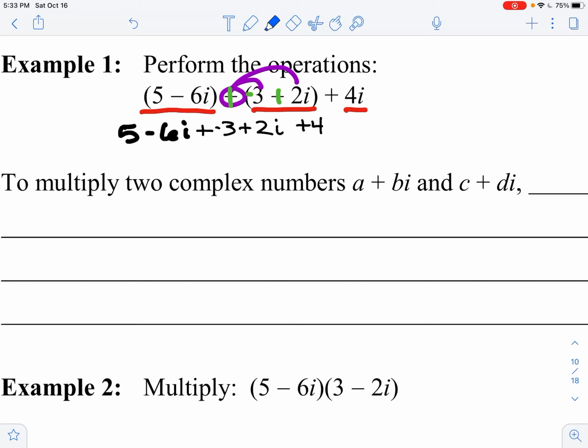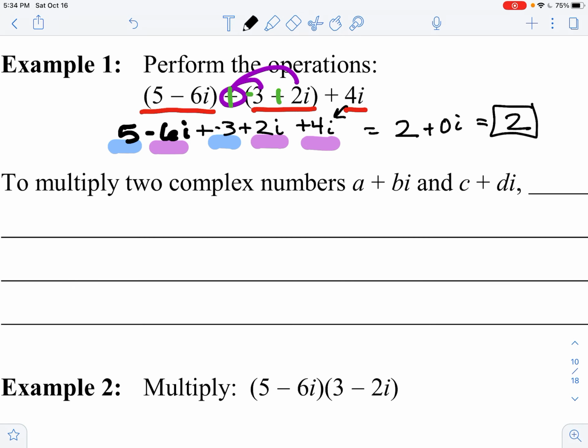And now we're going to combine our like terms. So we've got 5 and -3 are like terms. 5 minus 3 is just 2. And then we've got -6i, positive 2i, and positive 4i. If we combine those like terms, we get negative 6i plus 2i is negative 4i, plus 4i is 0i. Well, 0i is just 0, so 2 plus 0 is 2.